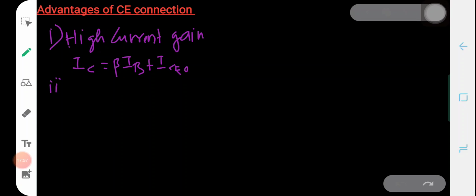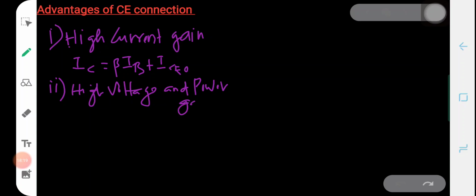Then the second reason for choosing common emitter transistor connection for most practical purposes is that it provides very high voltage gain and power gain.